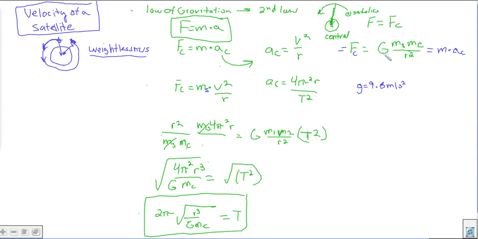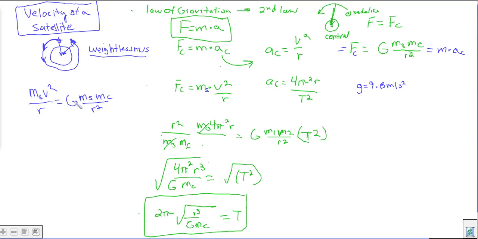So let's go ahead and set those equal to each other. We have the mass of the satellite times the velocity squared divided by the radius equals G times the mass of the satellite times the mass of the central body divided by the radius squared. So these two are equivalent. They equal each other.